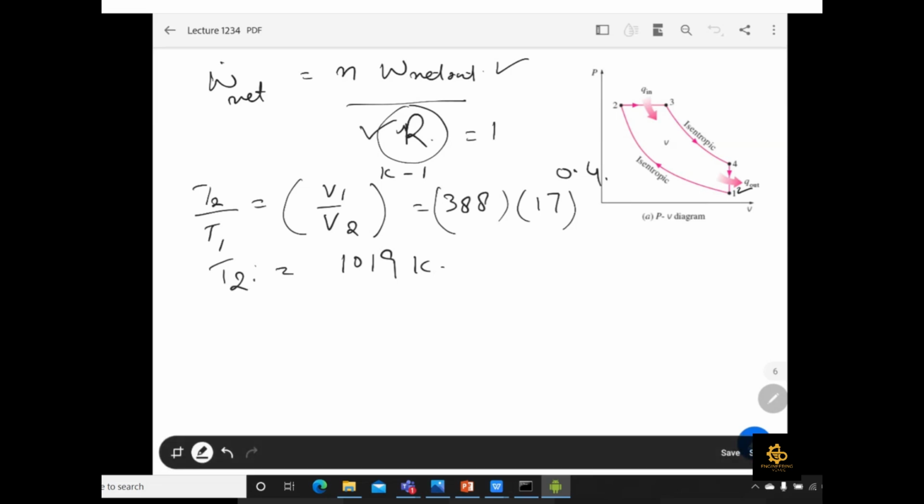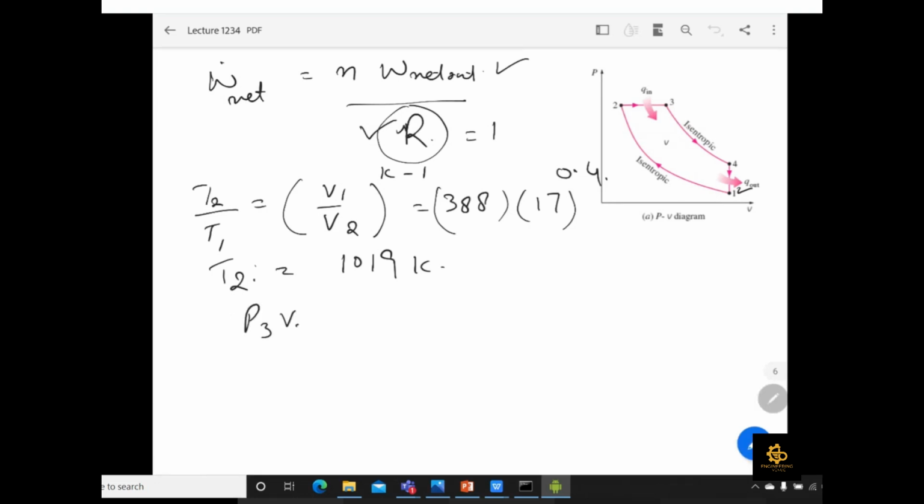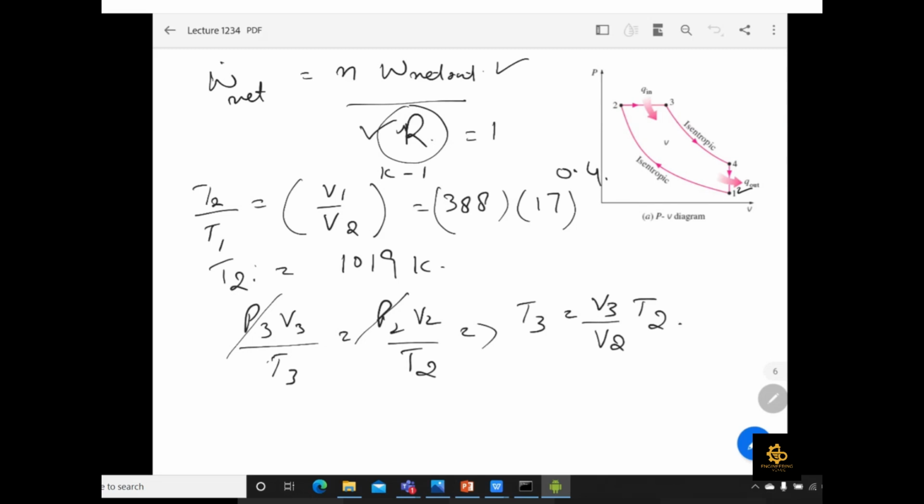Now again we have to find T3 as well, because we have to find all the temperatures. In order to find T3, you can implement the relation between 3 and 2. P3 V3 over T3 is equal to P2 V2 over T2, and the pressures will automatically be eliminated, and it turns out to be T3 is equal to V3 over V2 times T2.